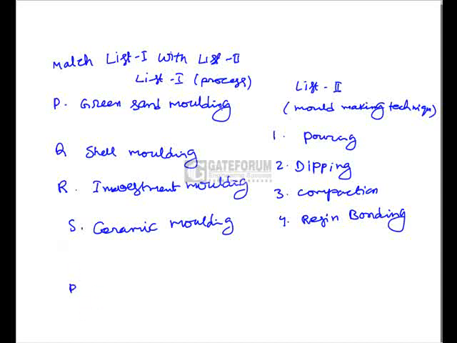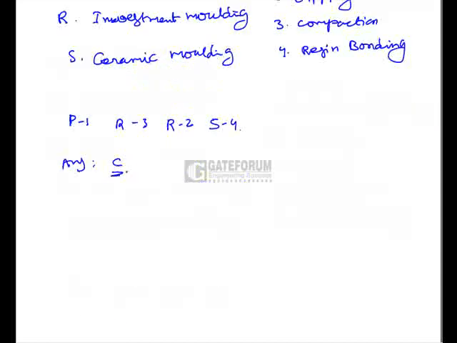So here P matches with the first one, and Q, shell molding, the mold making technique is compaction, and for investment molding the technique is dipping, and for ceramic molding resin bonding. So in the options, the right option is C. C is the right answer.